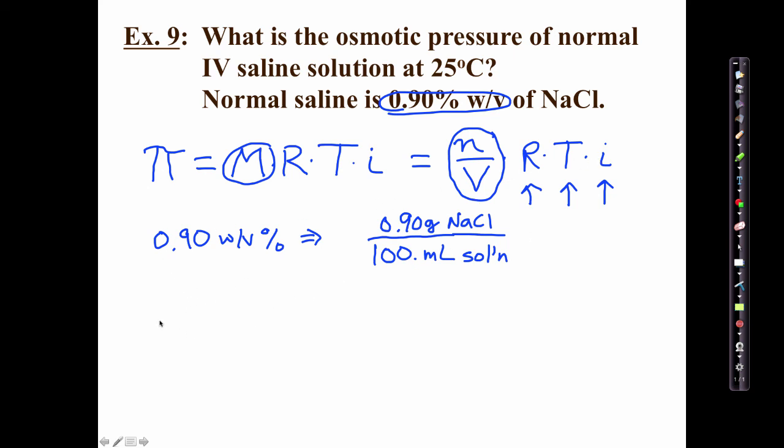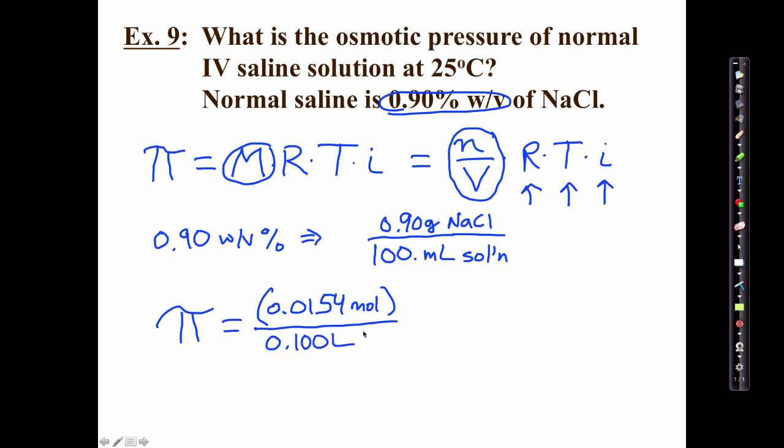So let's do our calculation here. Number of moles, 0.9 grams, works out to be 0.0154 moles of NaCl. You might want to double check you get the same number as I do. 100 milliliters, of course, is 0.1 liters.